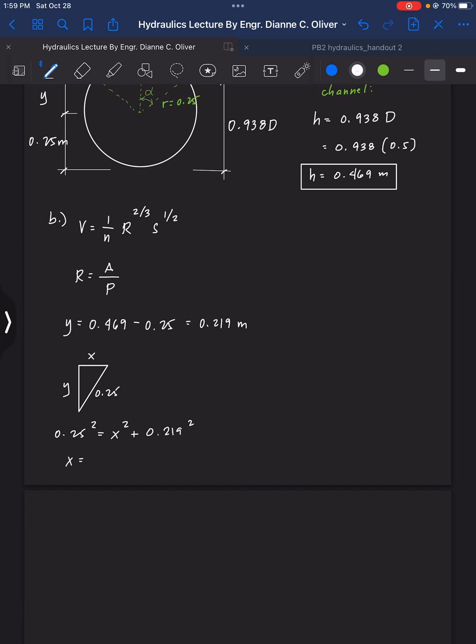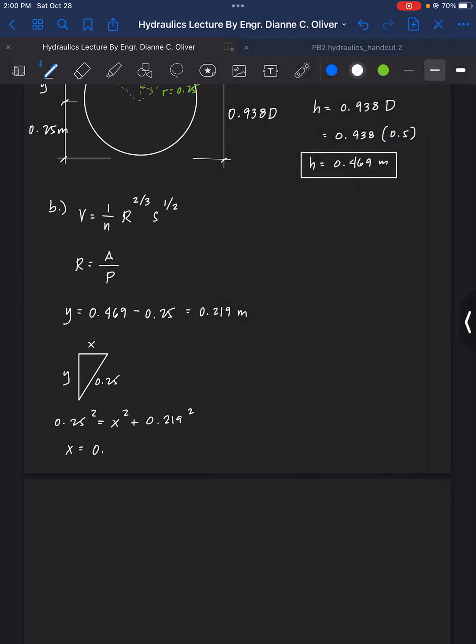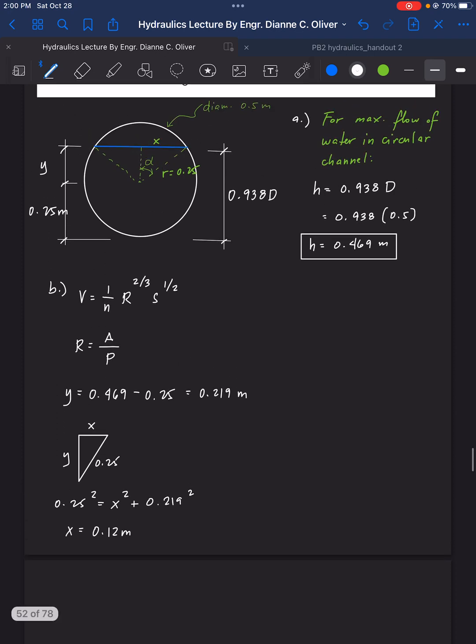So x is equal to the square root of 0.25 squared minus 0.219 squared. So that is 0.12. x is equal to 0.12 meter. So we now have the value for x.